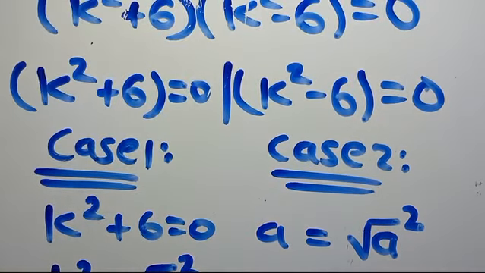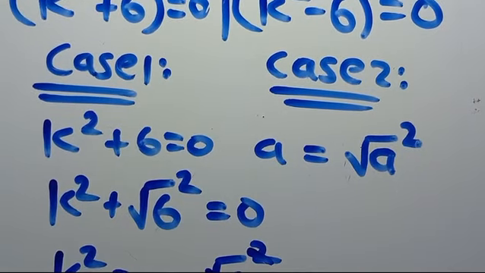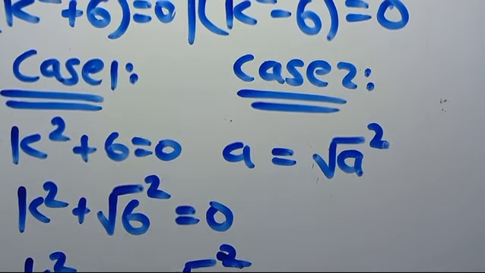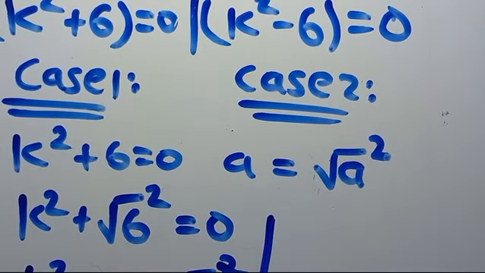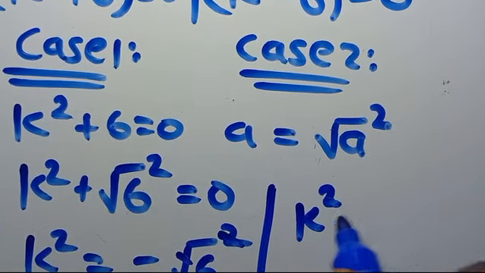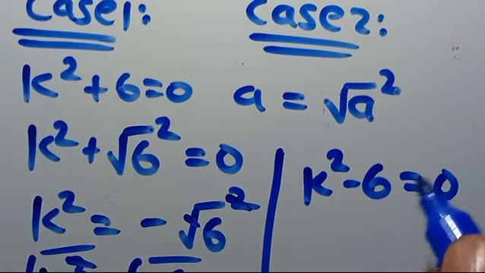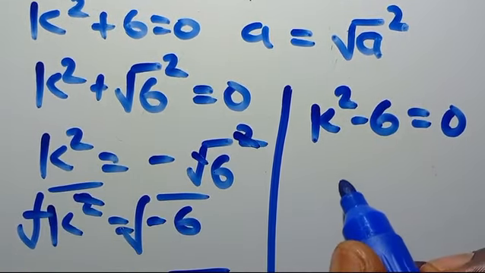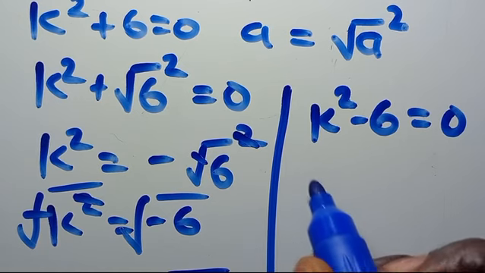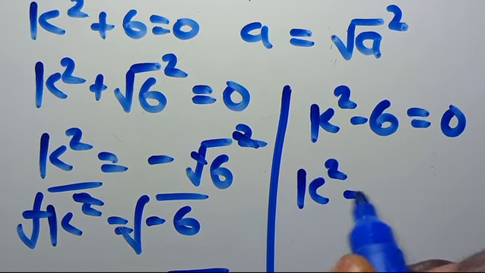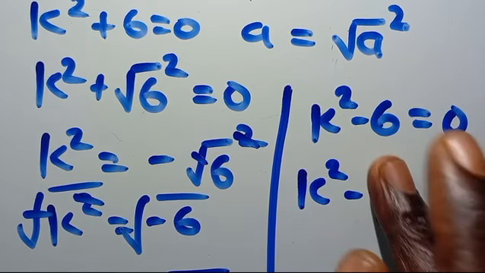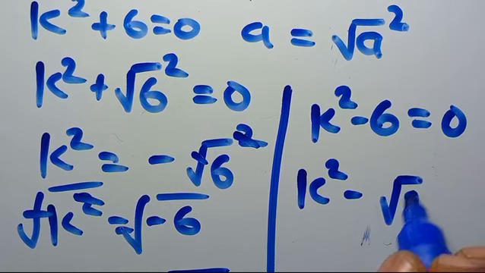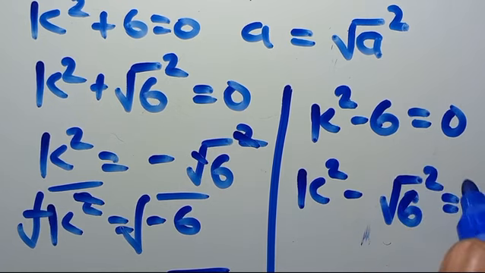Then from here for case 2, we have k square minus 6 equals 0. We have k square minus root 6 square equals 0.